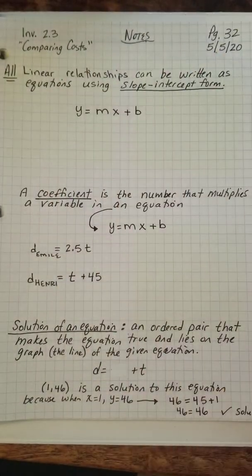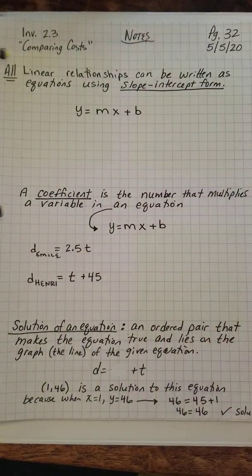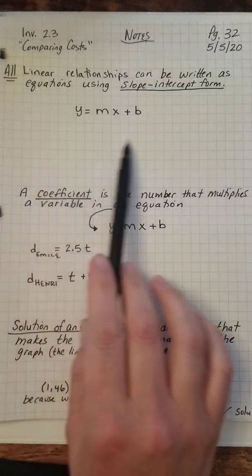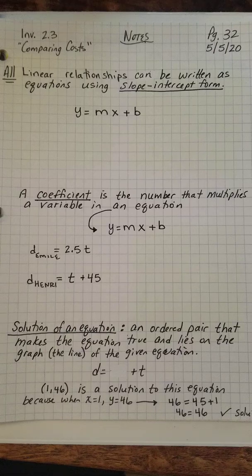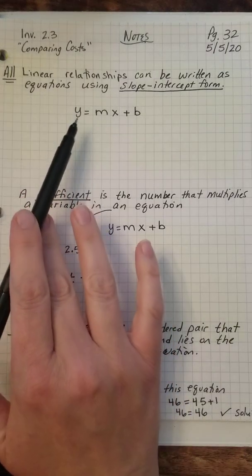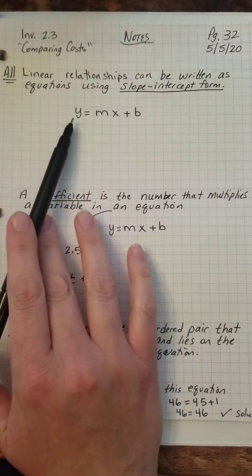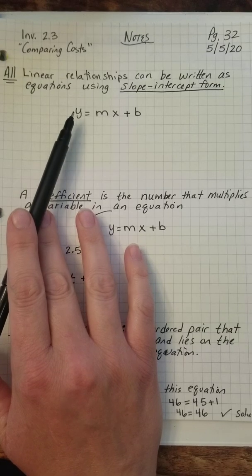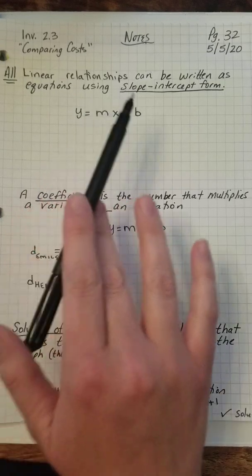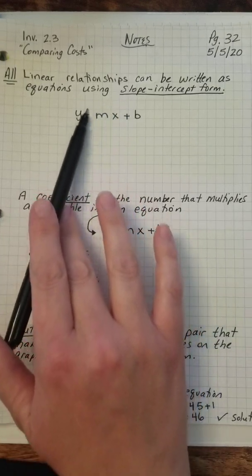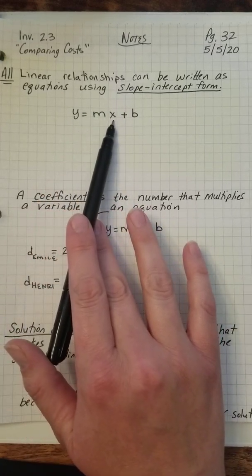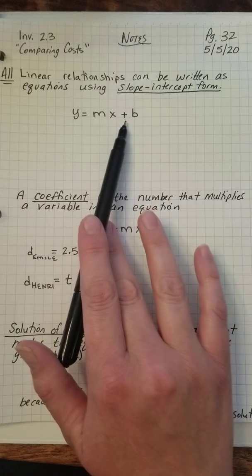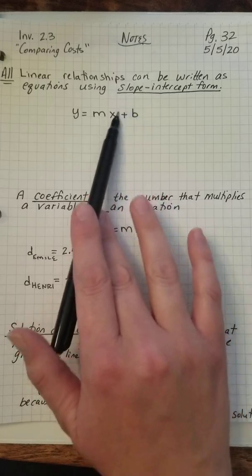If you can think back to all the posters that were in our room, I had one in the back for the 8th graders that said y equals mx plus b on it. This is very similar to what we've been doing. So y is my dependent variable. Dependent variable is equal to some value. In our case, it's been the rate of change times the independent variable plus our starting point.